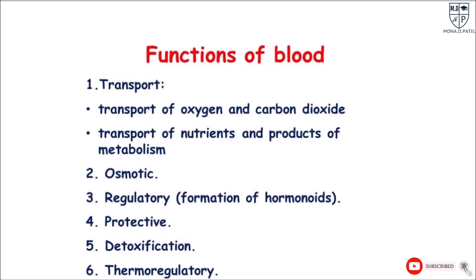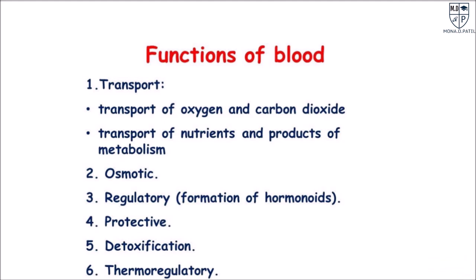Next is the function of blood. First we have studied the transport of gases like oxygen and carbon dioxide. Transport of nutrients like glucose, amino acids, and fatty acids are taken up by blood from the wall of the alimentary canal and transported to each cell in the body.